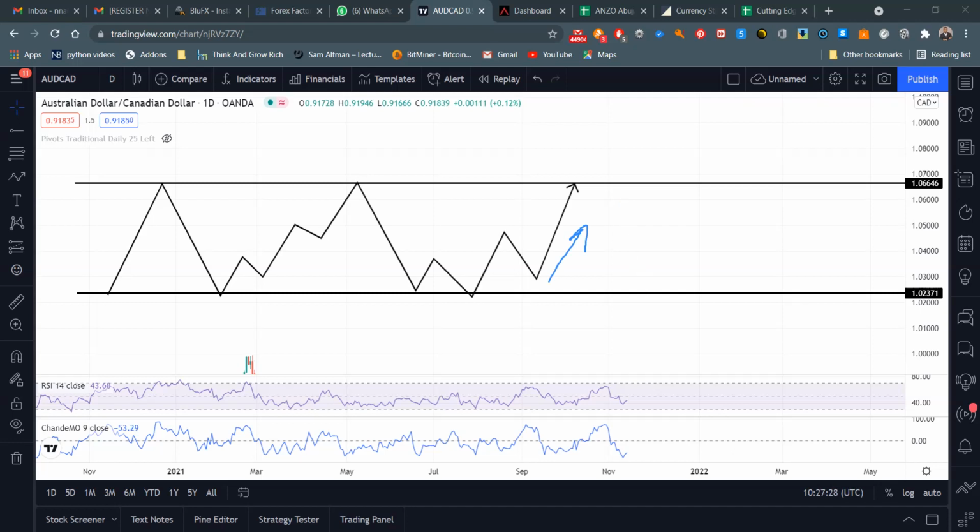Now, support and resistance areas, we see these zones as key areas where the market doesn't want to break above or break below. So when price is approaching a key level of resistance, ideally we want to see this level being rejected.